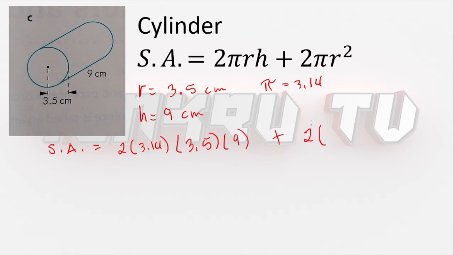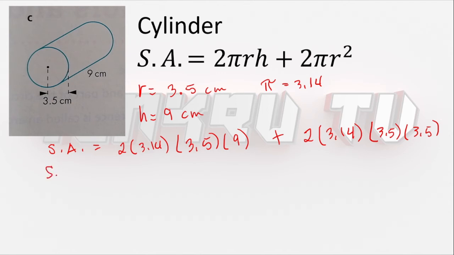Plus 2 times 3.14 times 3.5 times 3.5. Okay? Tama ba yung pagkakasulat natin? 9, 2, 3.14, 3.5, 3.5.